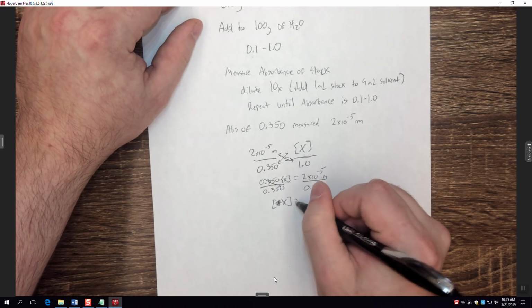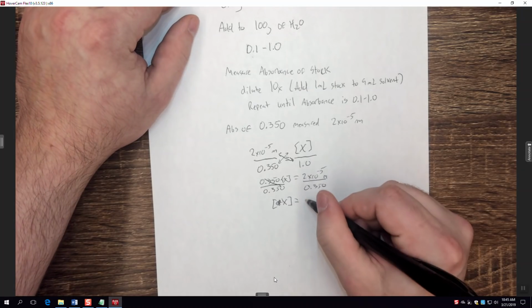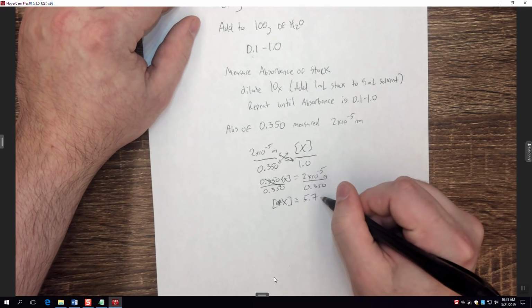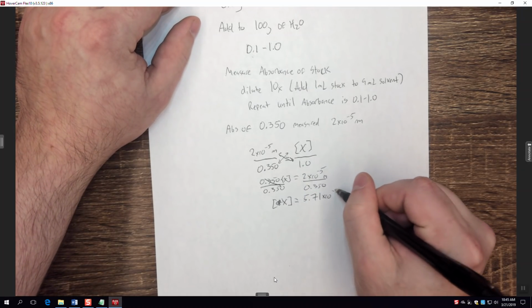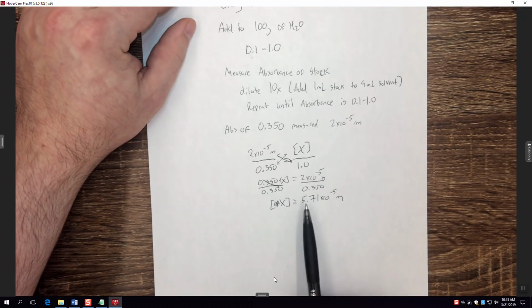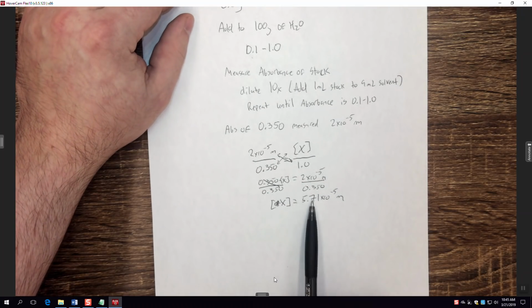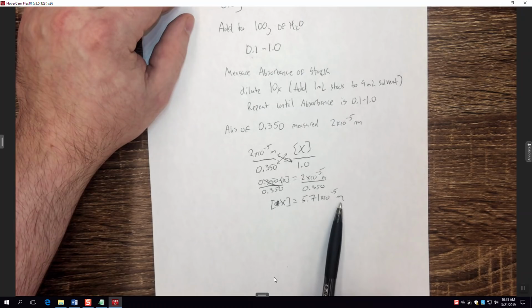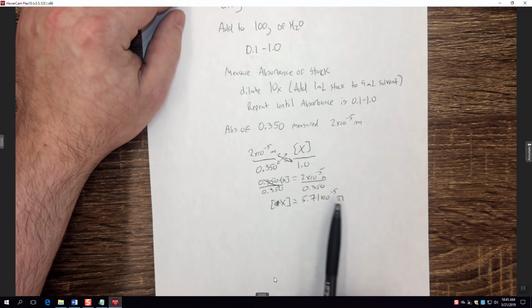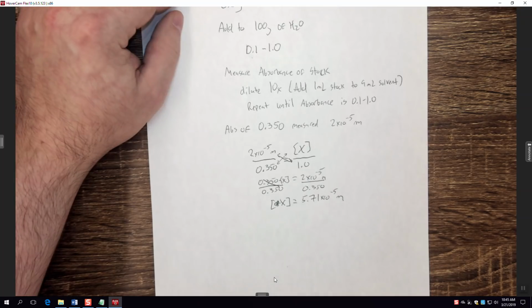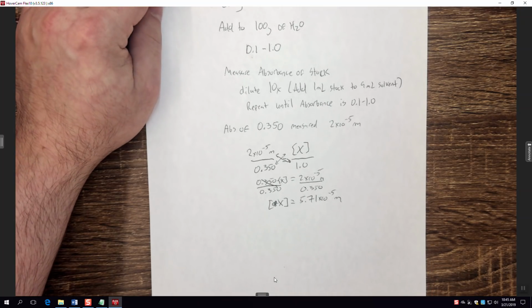And we find that our concentration should be about 5.71 times 10 to the minus 5 molal. So that means that if we make a solution whose concentration is 5.71 times 10 to the minus 5 molal, it should be at an absorbance value of around 1.